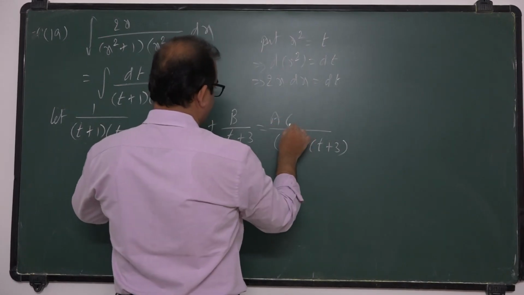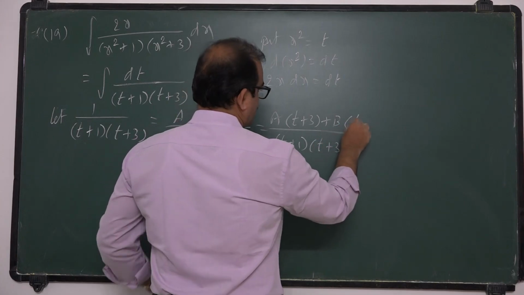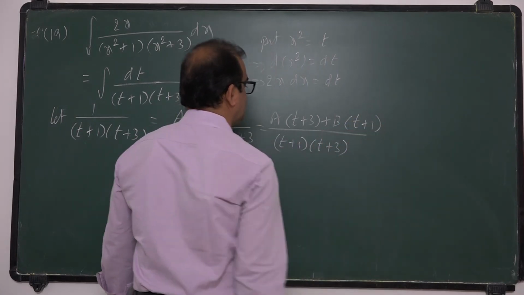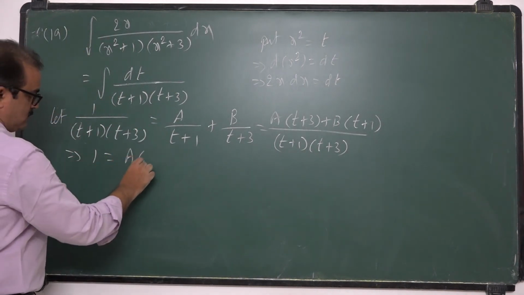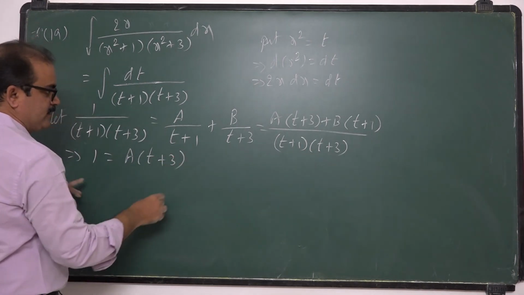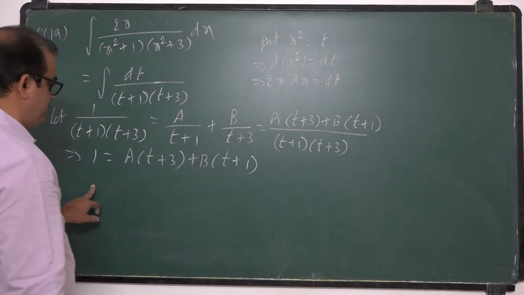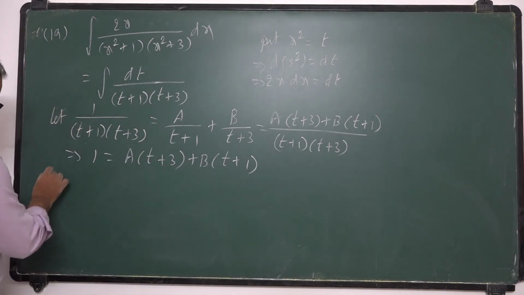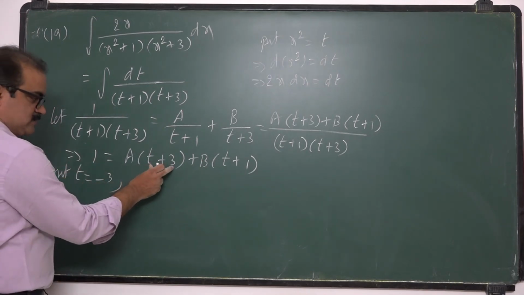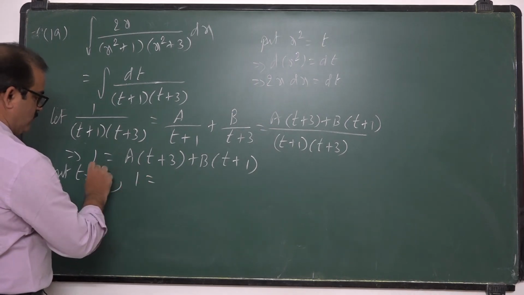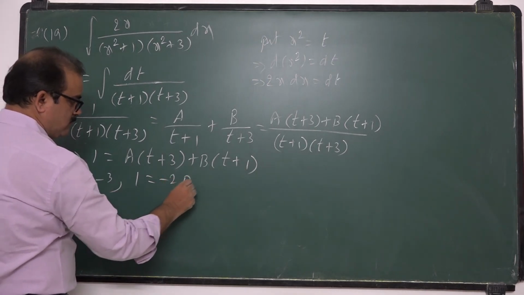In the numerator we get a into (t plus 3) plus b into (t plus 1). Equating the numerators, 1 is equal to a into (t plus 3) plus b into (t plus 1). Now you put t equal to minus 3, then this term becomes 0, then 1 is equal to minus 3 plus 1, minus 2 b.